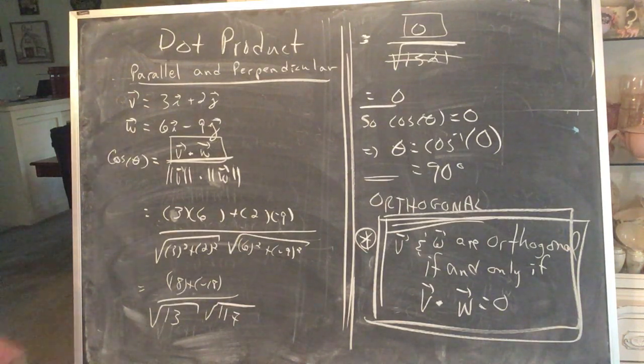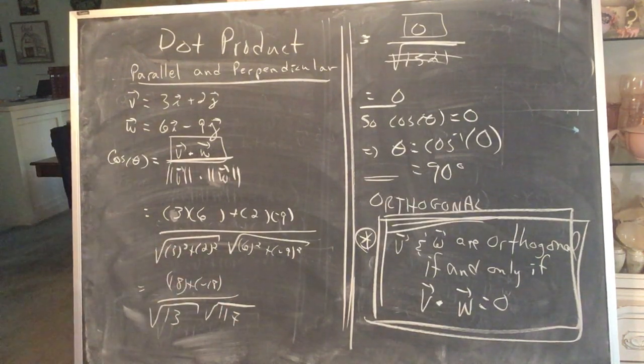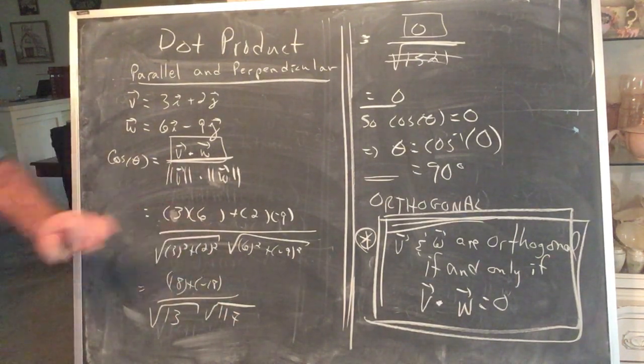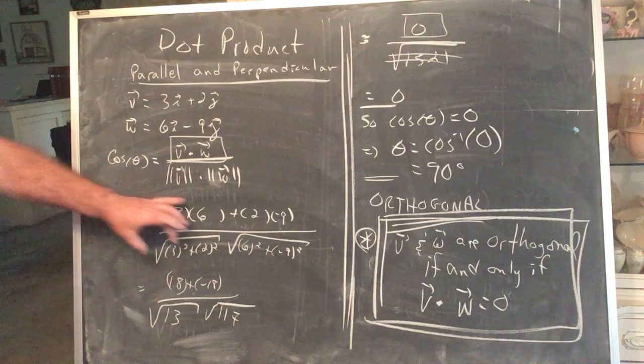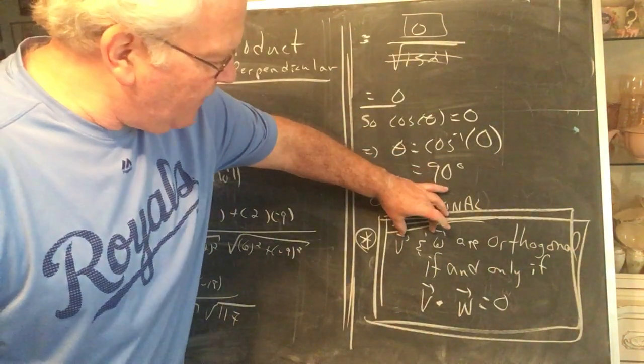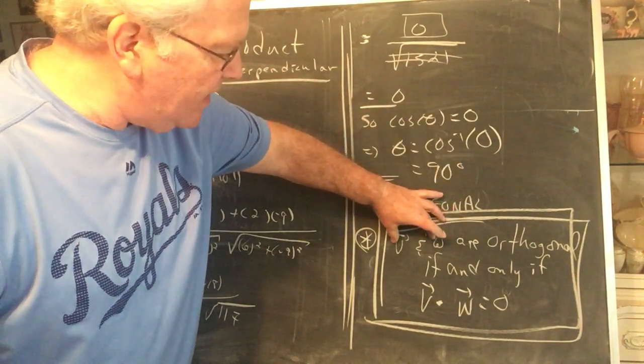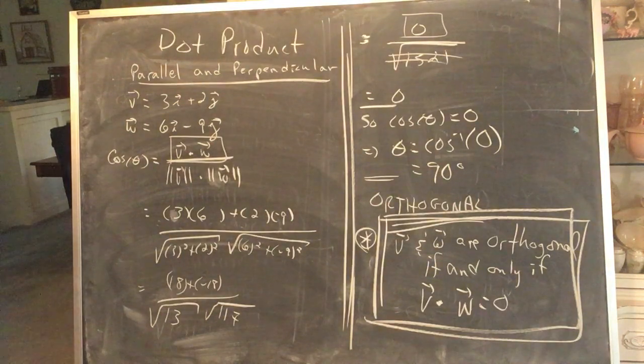So the upshot is this denominator can never be 0. It must always be positive. So the only way this fraction can equal 0 is if the numerator is equal to 0. That is to say, the only way that the vectors can be orthogonal, with a 90-degree angle between them, is if and only if the dot product is equal to 0.